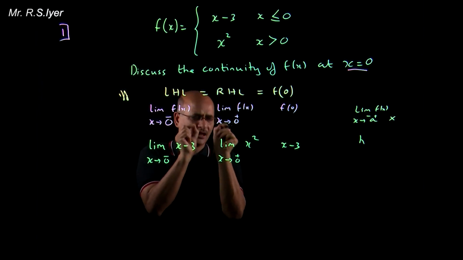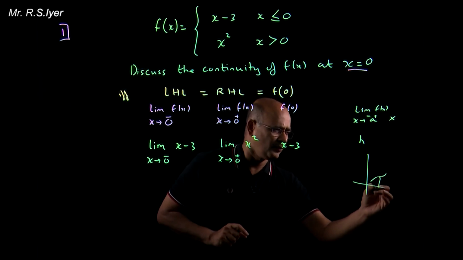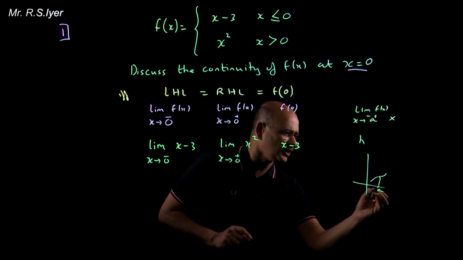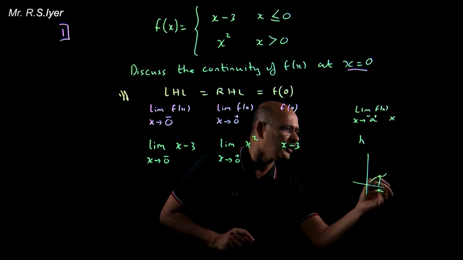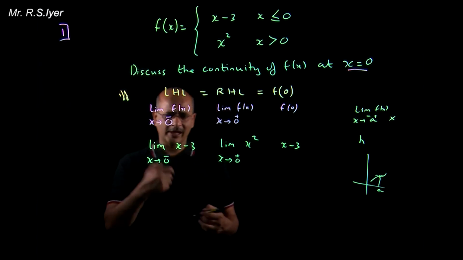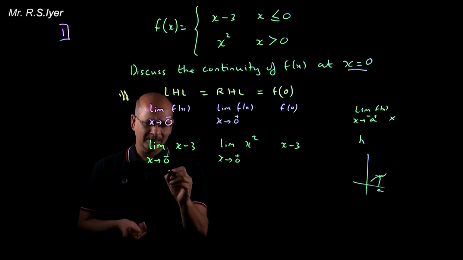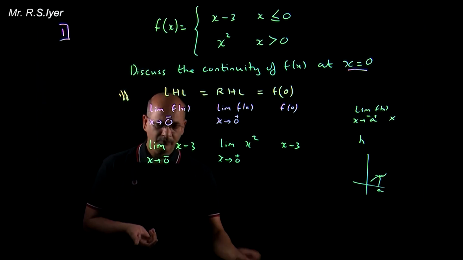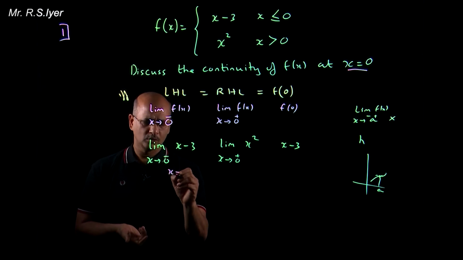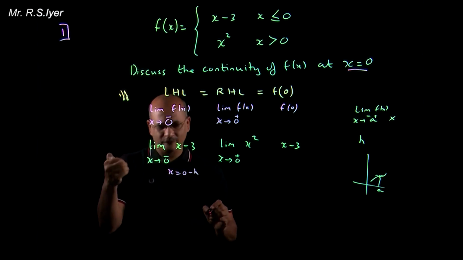h is very, very minute. Suppose in the graph this is a point, then h will be just in the neighborhood of a, very near to a. So that part we will take. Let h be a small decrement. So first step, as it is 0 minus, I can say let x equal 0 minus h. h is a small decrement from 0 because it is left of 0.